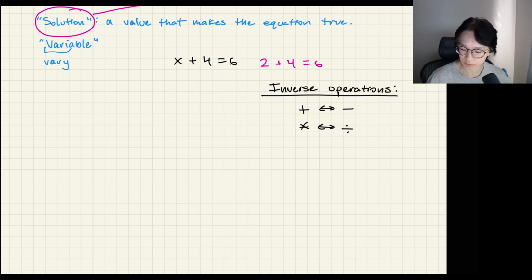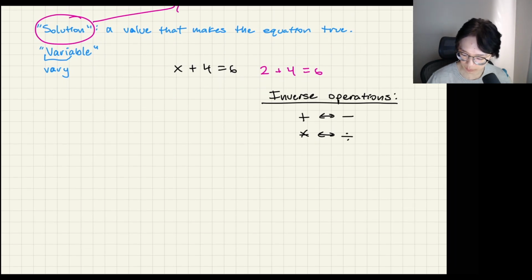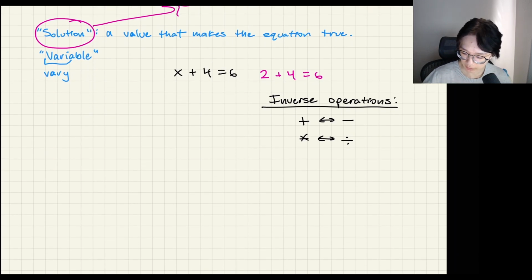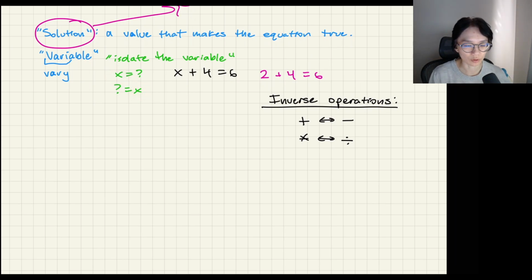Now, how do we use those? We use those because whenever it says solve the equation, you're trying to figure out what the variable is. This is the same thing as trying to figure out x equals something, the same thing as isolating the variable, only having x on one side.